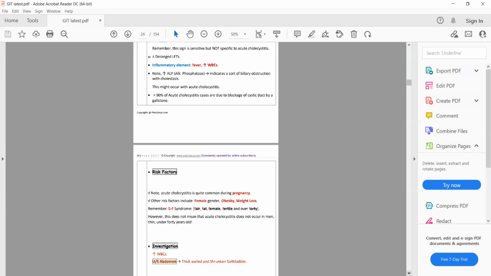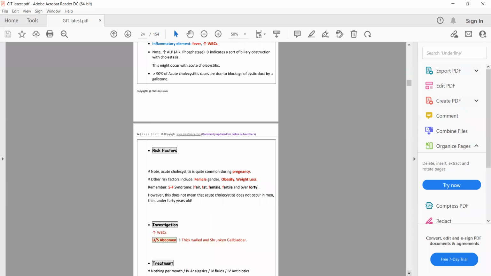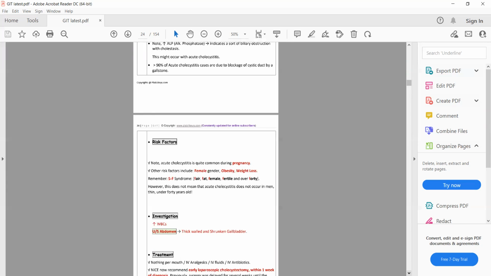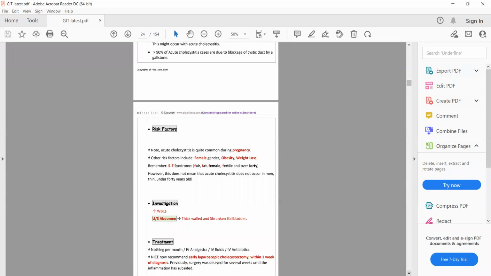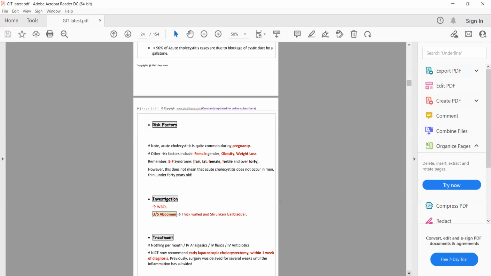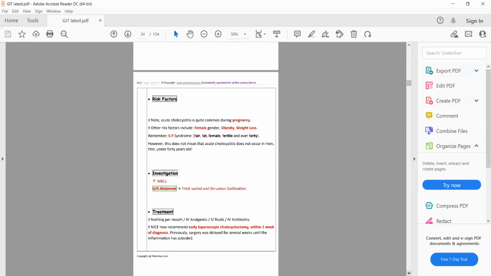What is the management of acute cholecystitis? Initial investigations: WBC count will be raised, LFTs will be mildly deranged, and on ultrasound abdomen there will be gallstones and a thick-walled shrunken gallbladder.